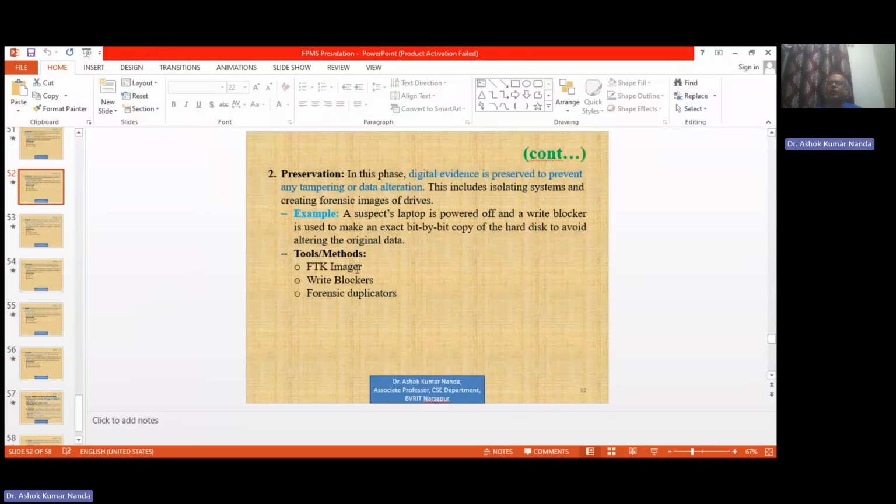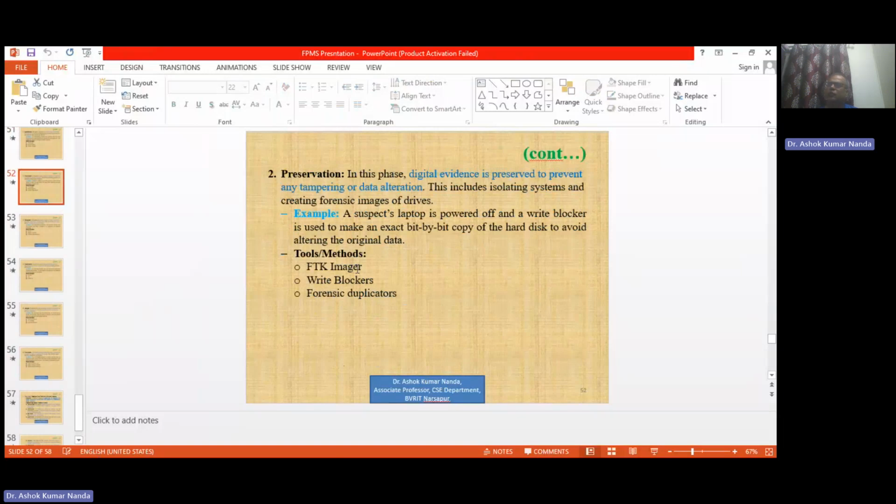Whenever we go for any kind of analysis or testing, we have to create or generate similar samples for the testing purpose. In future, n number of times we can do the testing analysis.